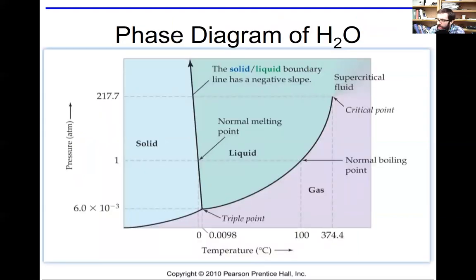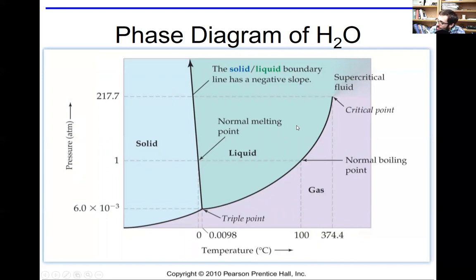All right, so here's a phase diagram of water, just something that we're familiar with. Here you can see a solid-liquid line. And at 1 atmosphere of pressure, that is occurring at 0 degrees C. That's the melting point of ice, or freezing point of ice. And then also at 1 atmosphere of pressure, there's the normal boiling point of 100 degrees C. Then there's some other weird things that can go on.